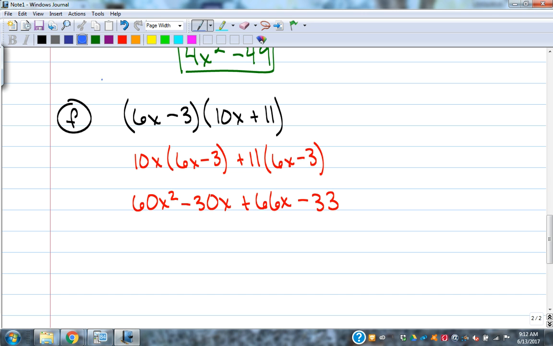So I'm just distributing to the pieces in the parentheses. And then I'm combining like terms in the middle, if there are any. Negative 30x and positive 66x is positive 36x, and then a minus 33.